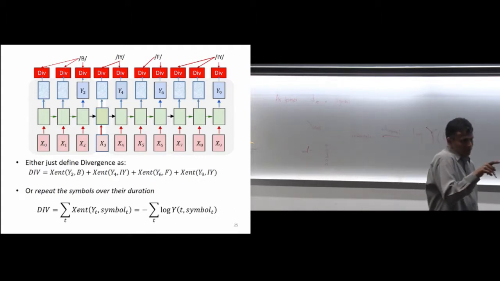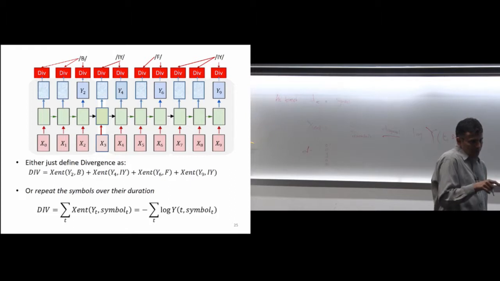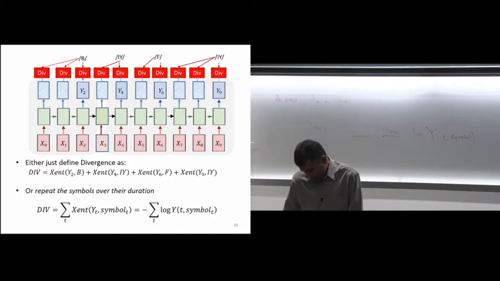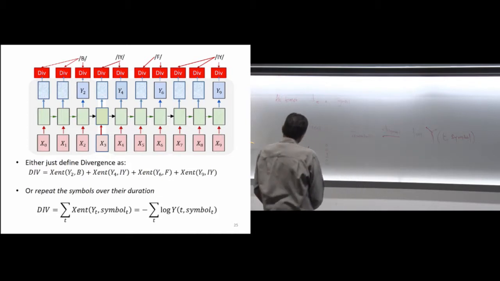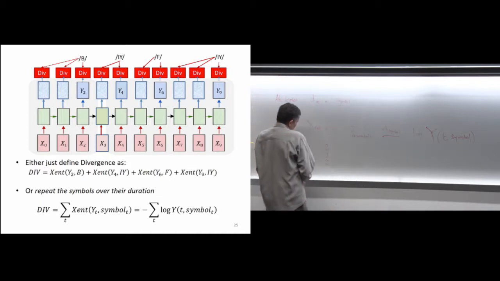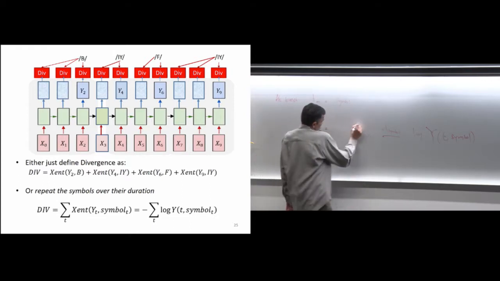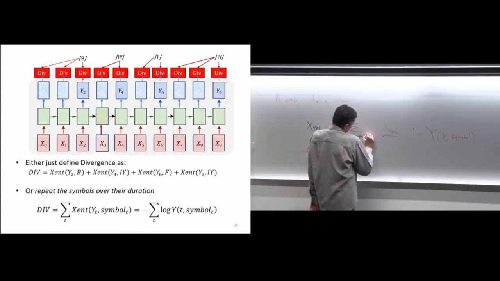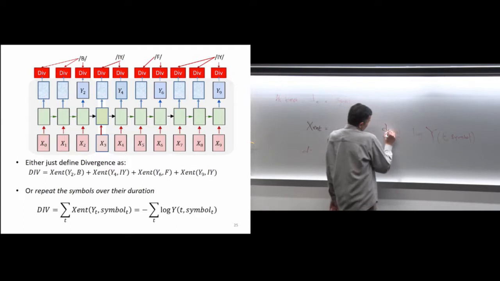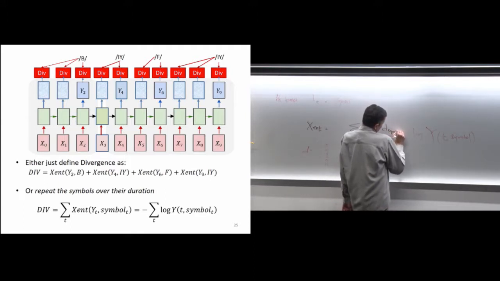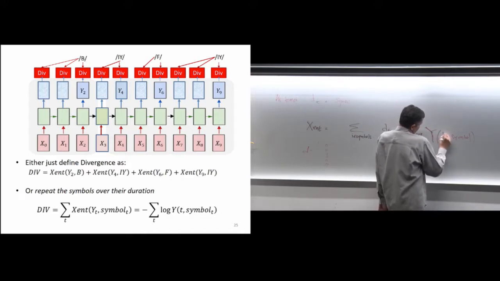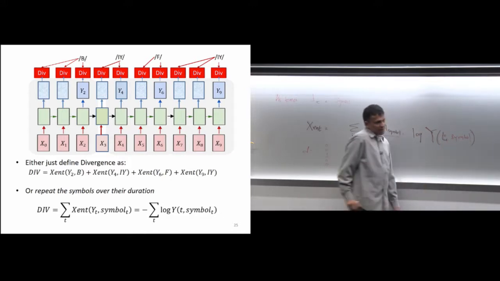It's a little bit hard to read, so I'll try using a different pen. Also the symbols and notation I'm using is kind of bad. But if I write the cross entropy, I'm going to be summing over all of the possible symbols, the desired output value for that symbol times the log of the probability assigned by the network to that symbol at time t.